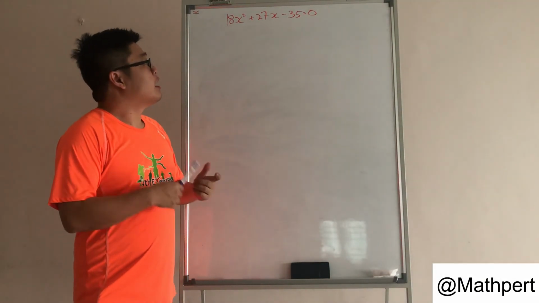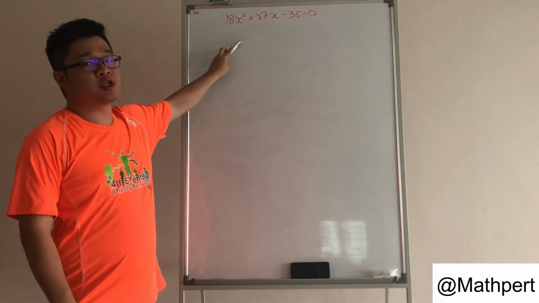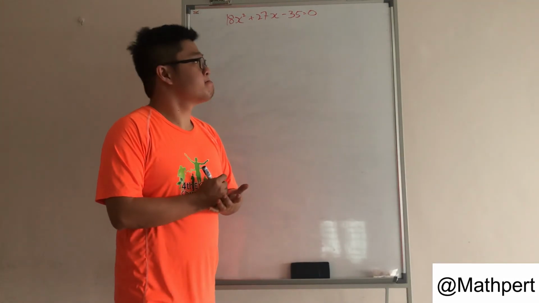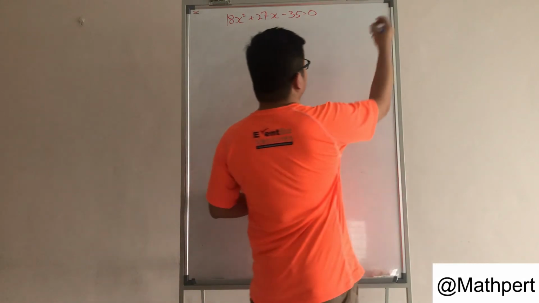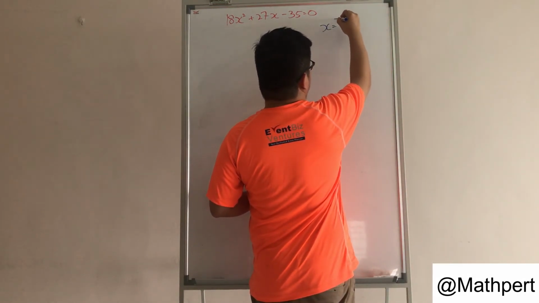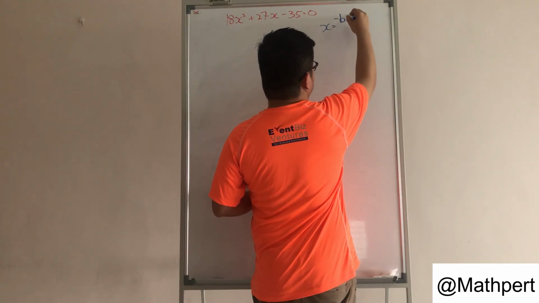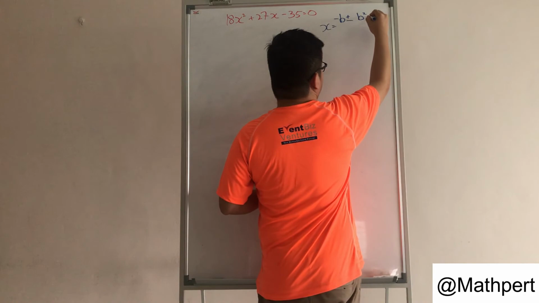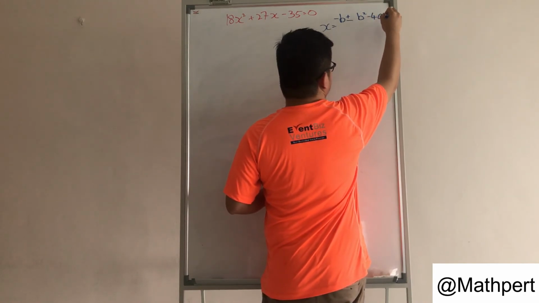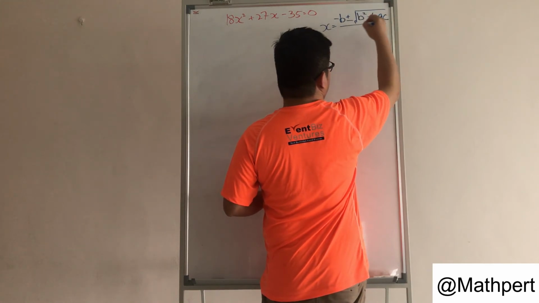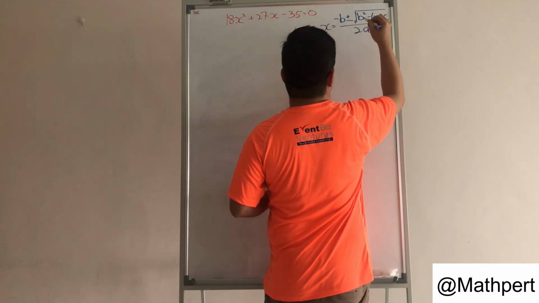Okay, next, let us solve these quadratic equations by formula. Do you still remember what the formula is? Okay, I write it over here. X equals negative b plus minus the square root of b squared minus 4ac, divided by 2a.